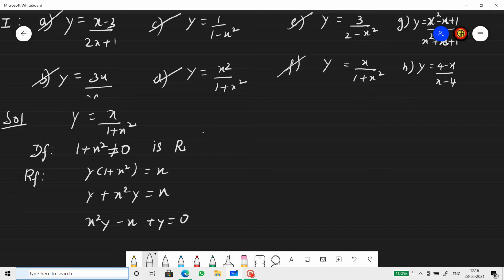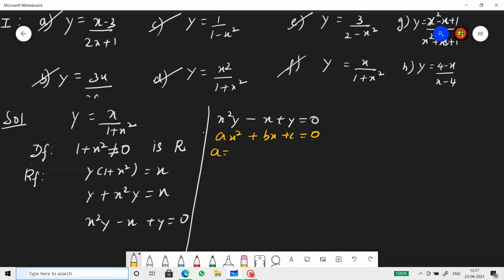So x square y minus x plus y equal to 0 is in the form of ax square plus bx plus c equal to 0. So that means a is y, b is minus 1 and c is y.